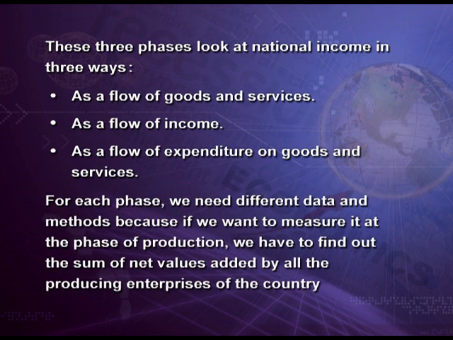For each phase, we need different data and different methods. If we want to measure it at the phase of production, we have to find out the sum of net value added by all the producing enterprises of the country.